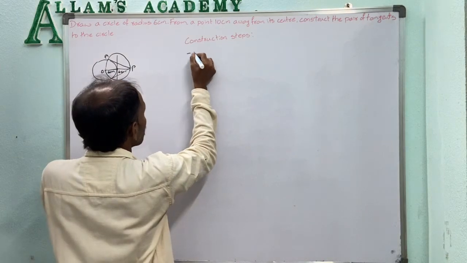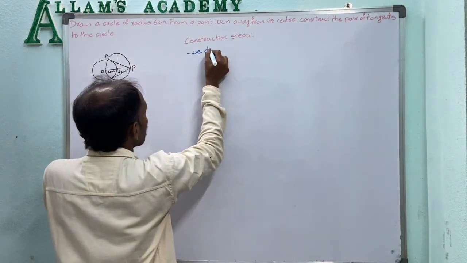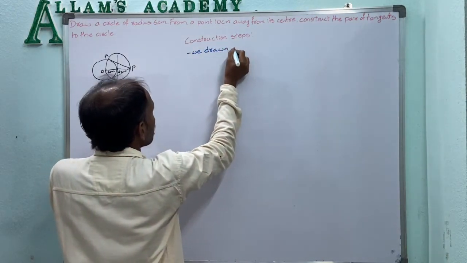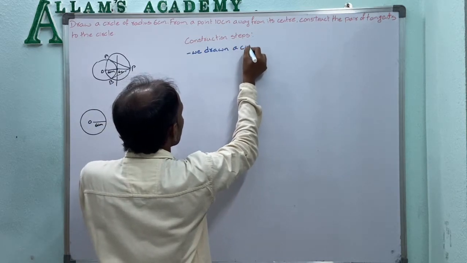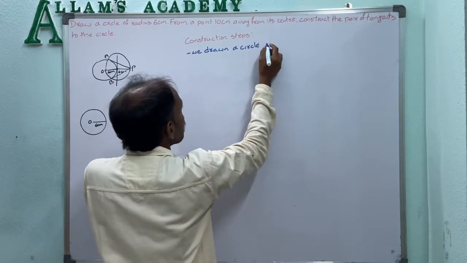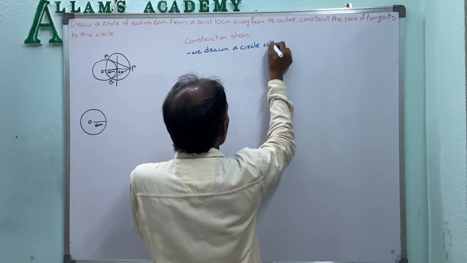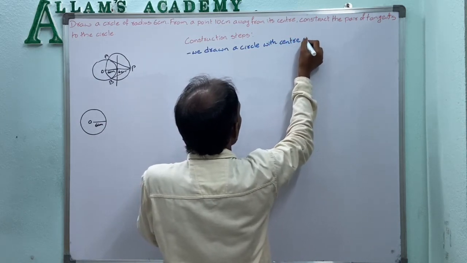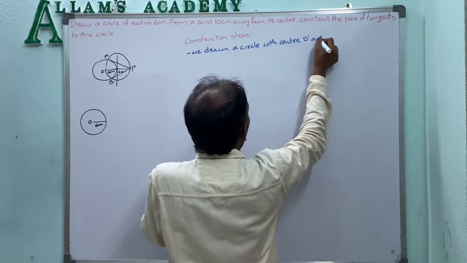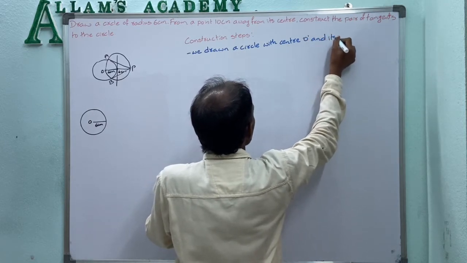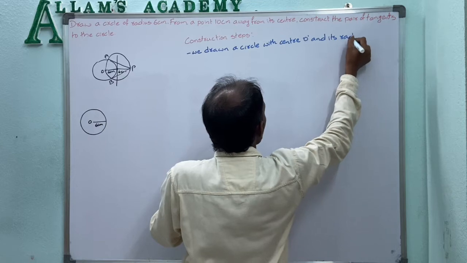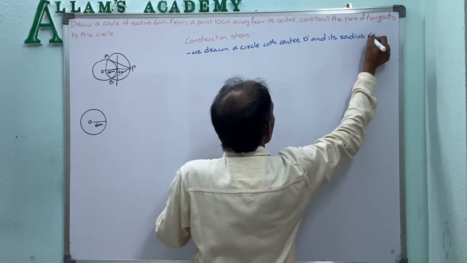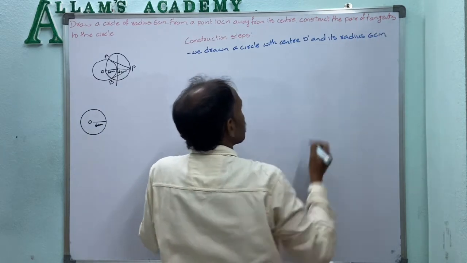We draw a circle with center O and radius 6 centimeters.